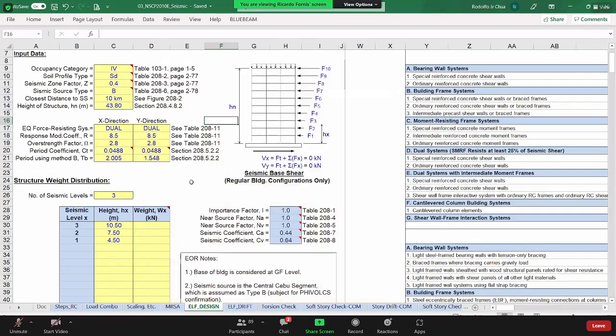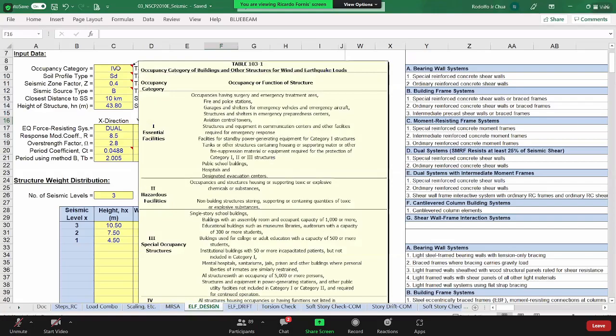Now, another occupancy category, level 2, is for hazardous facilities. So for example, plants, or storage facilities with explosives or toxic waste. So you have to consider that as a hazardous facility.